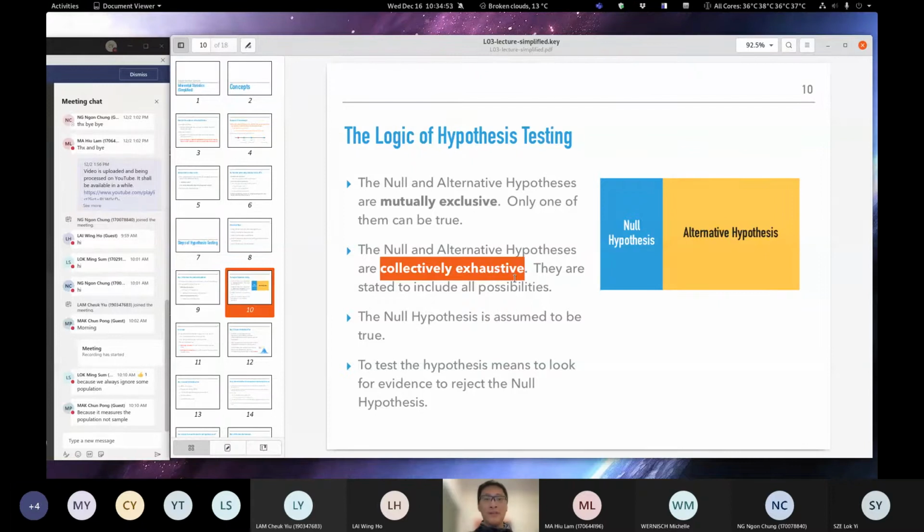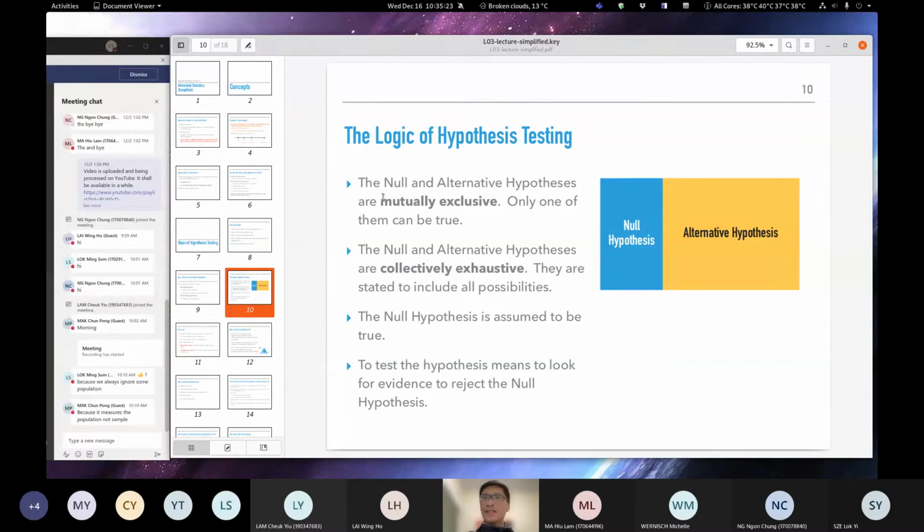And also, the yes and no together, they already cover all the possibilities. It is either yes or no. There is no other possibilities. So in this case, the population mean is either equal to 10 or it is unequal to 10. So these two cases together, they cover all the possibilities. So that is the collectively exhaustive.